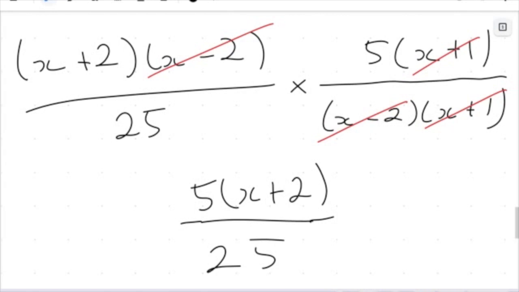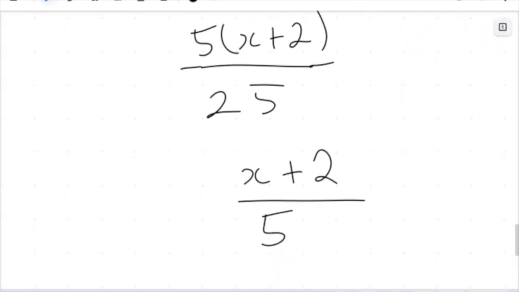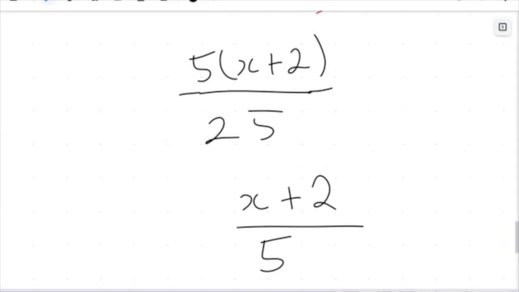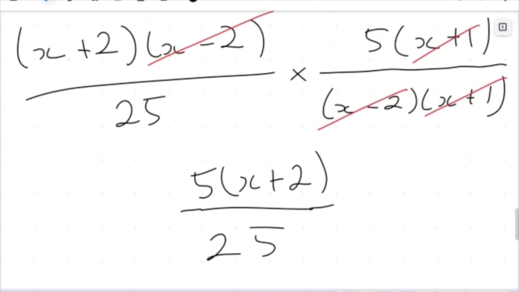So you will likely end up with a really nice answer, but you have to do the factorization and simplification first. That way you're putting yourself in the best position to make the actual multiplication or division really easy. In all of these examples, in terms of the actual operations, multiplication or division, we only really did these once because we simplified first.